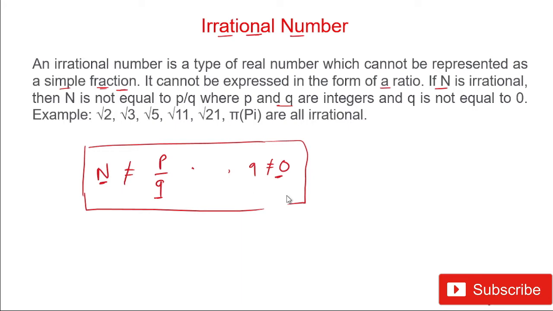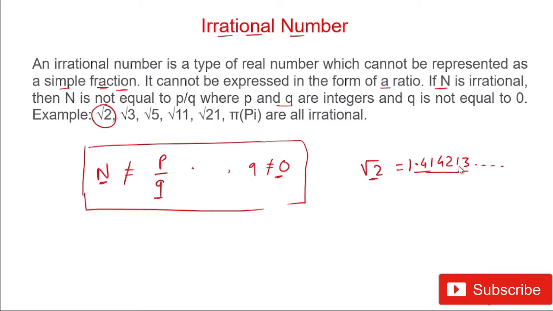Let us understand this by taking the example of root 2. The value of root 2 is 1.414213 and it goes on. The value of root 2 is in decimal form, but the decimal is very complicated, and the numbers after the decimal point do not follow any pattern.